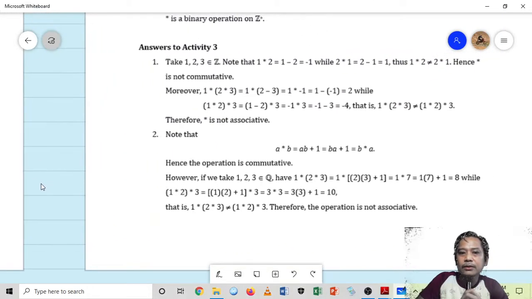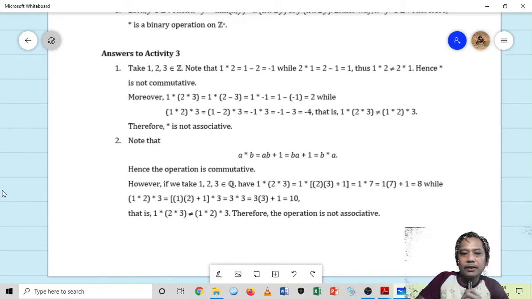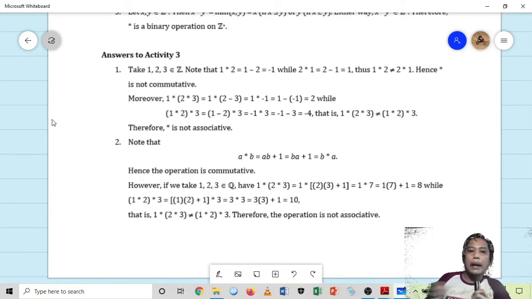So here is the solution. Here we have a counterexample because it is clear that subtraction is not associative.